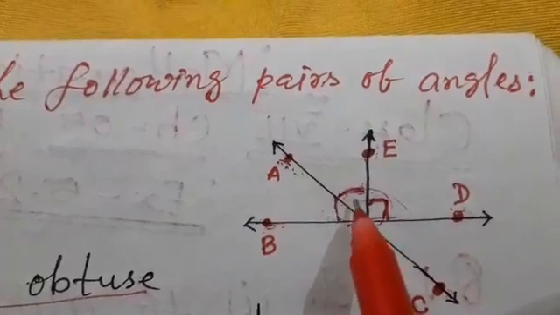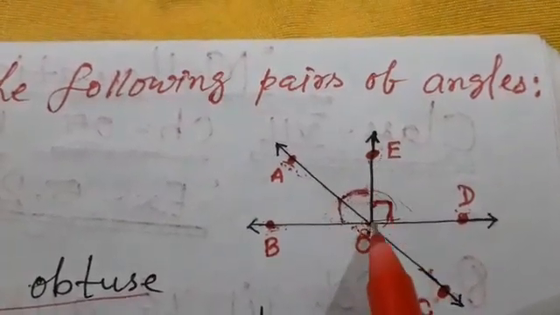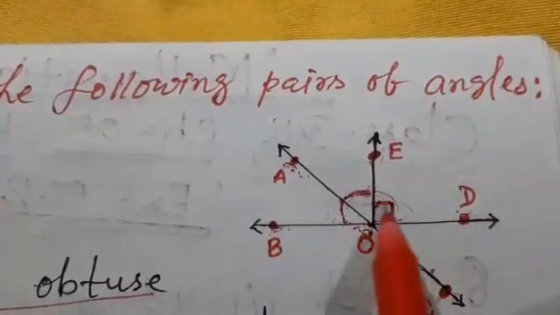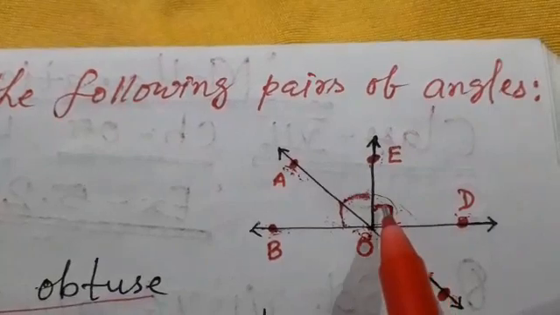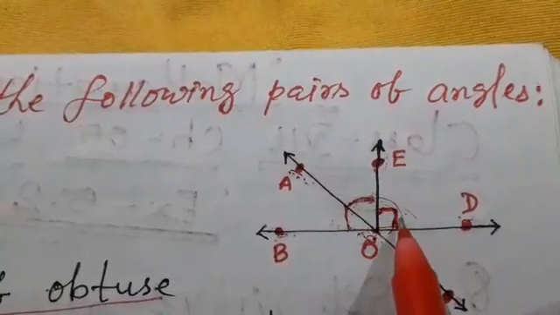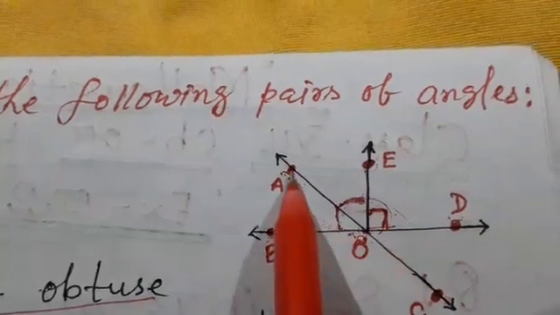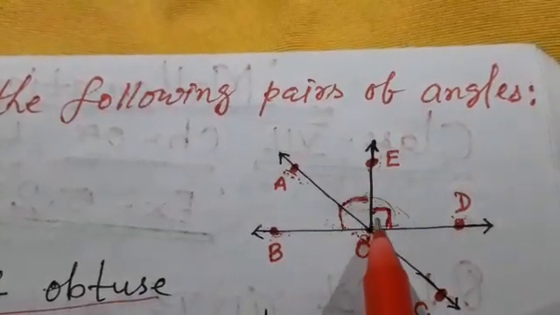Next pair is AOE and EOD. It is also an example of adjacent angles but not a linear pair, because the sum of these two angles is not 180 degrees, but they have a common vertex and common arm OE.